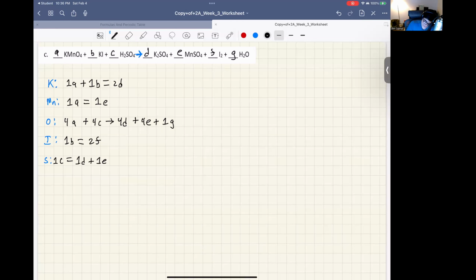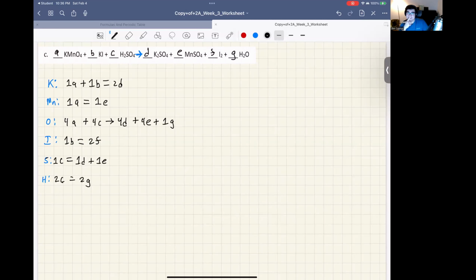All right. Last but not least, we have hydrogen. For hydrogen, you have 2C from that H2SO4, and at the end, you only have 2G. You can see here that C equals G. For the coefficients, they have to be equal here.